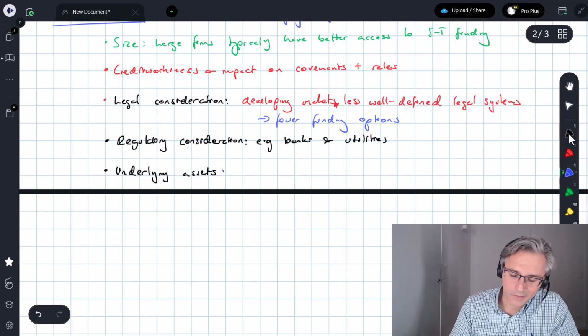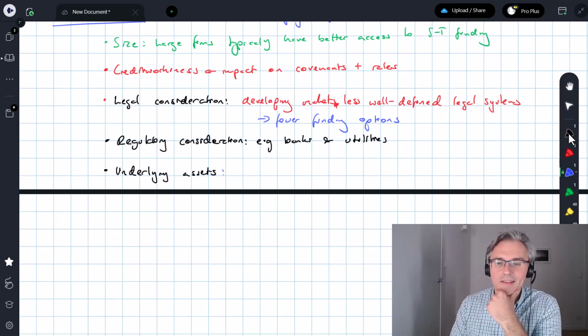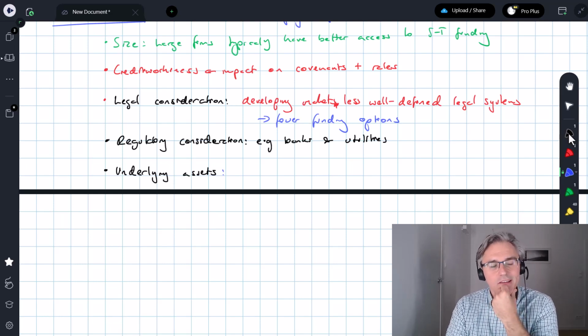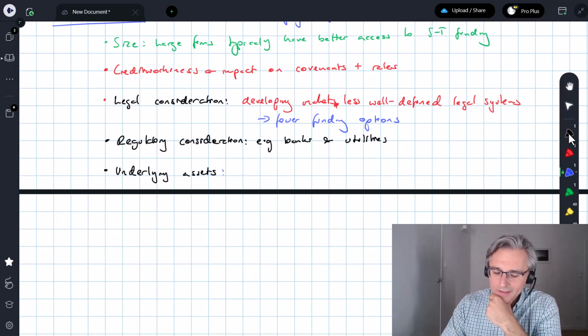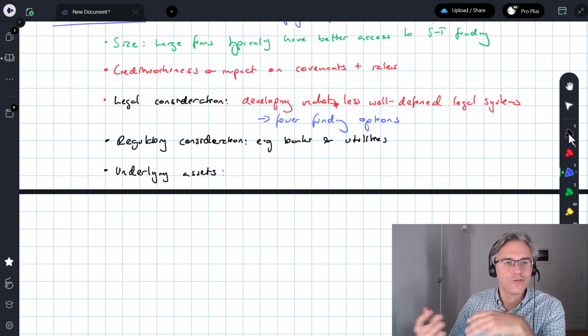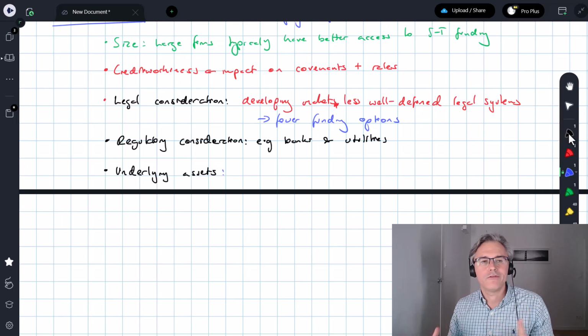because lenders like to provide funding if they can, especially get some kind of security in place, so collateral. And what's suitable as collateral for short-term funding is quite different to the typical collateral for long-term funding.